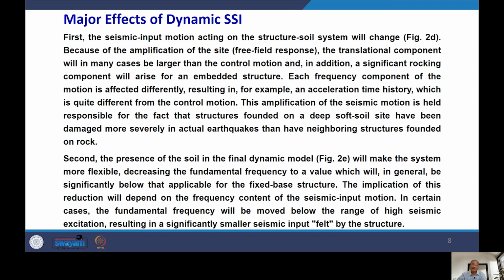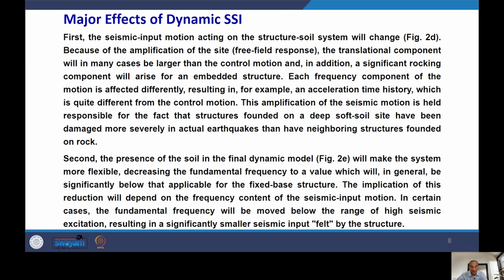The implications of this reduction will depend on the frequency content of the seismic input motion. In certain cases, the fundamental frequency will be moved below the range of high seismic excitation, which results in a significantly smaller seismic input normally felt by the structure. So what happens?